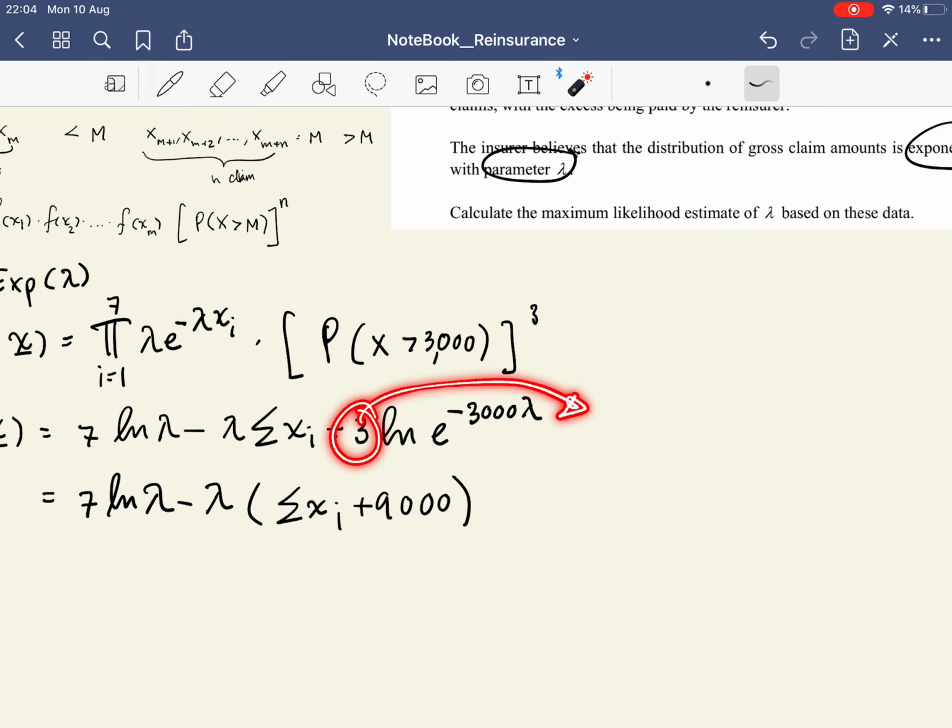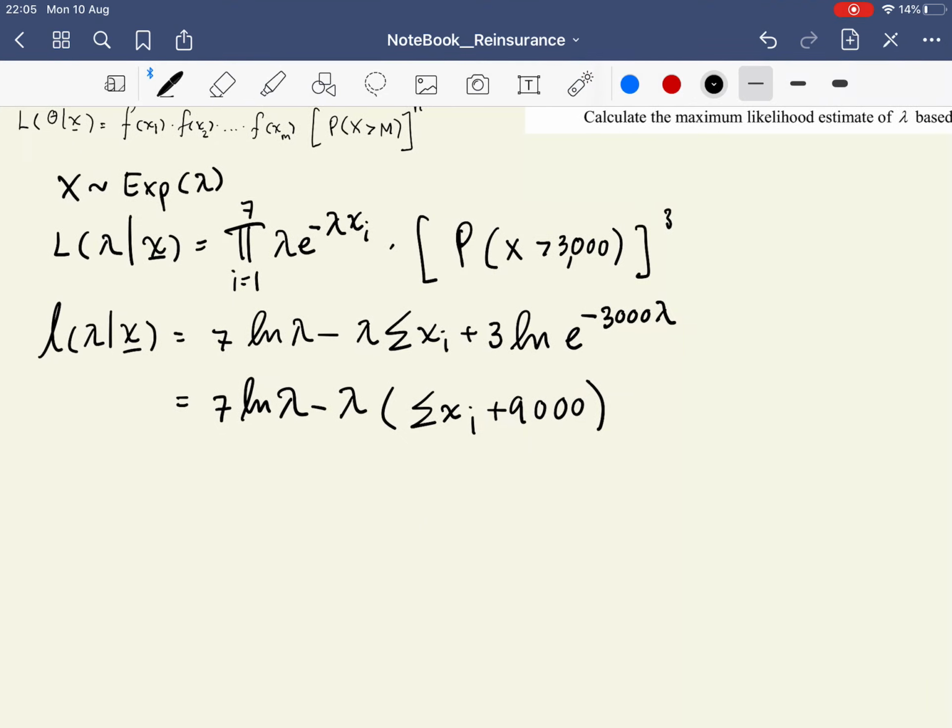We just pull this one up here, so it becomes negative 9000 lambda, and the log with e cancels out, so this whole thing is minus 9000 lambda. And we have the minus here, so we pull the minus out, so we will have sigma x plus 9000. Clear? Okay, so now we have the log likelihood function.